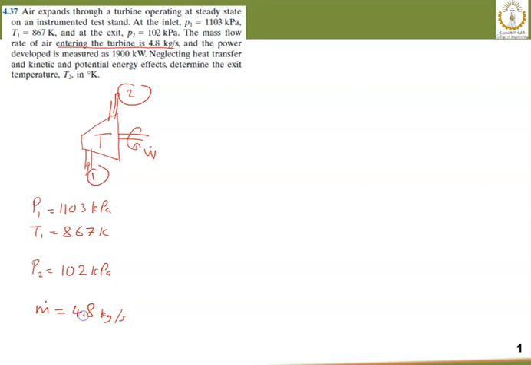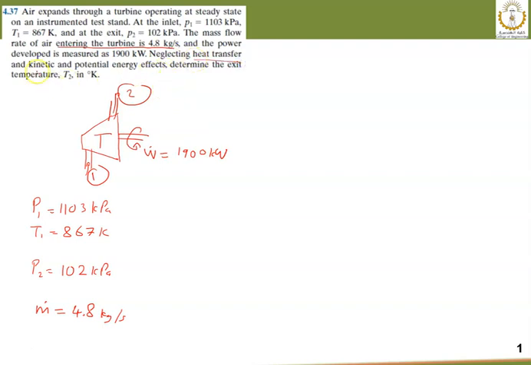Of course, since this is steady state, then m dot 1 equals m dot 2. And the power developed, W dot, equals 1900 kilowatt.